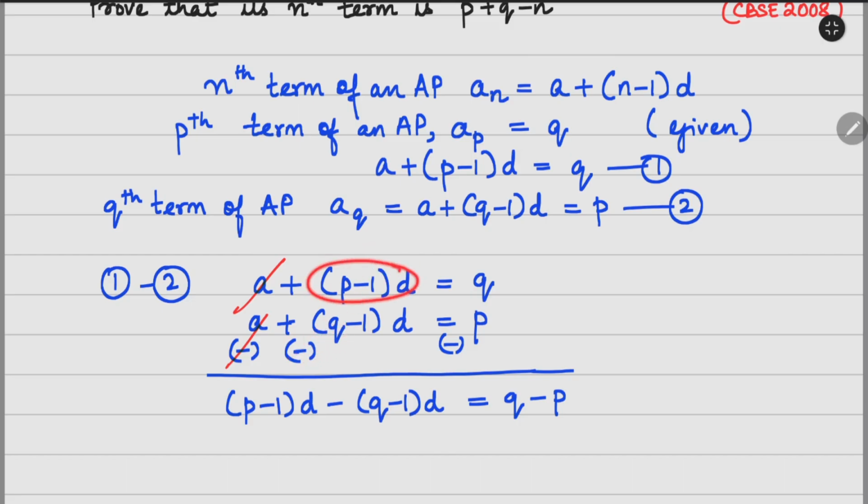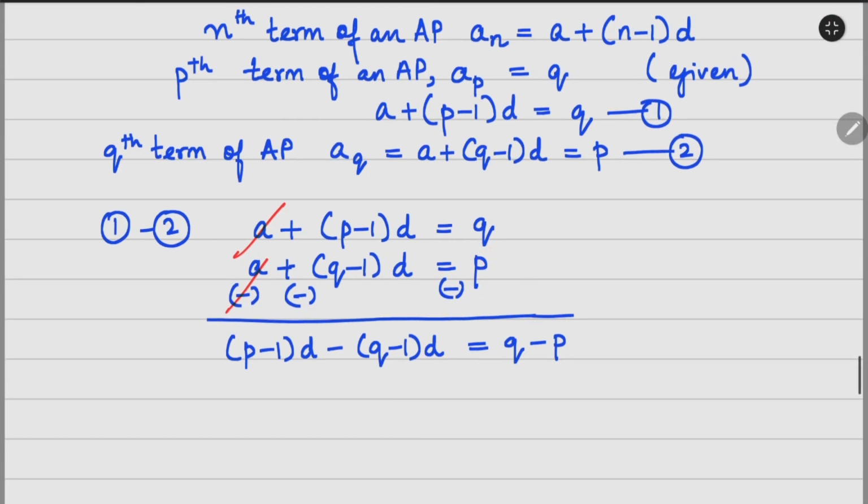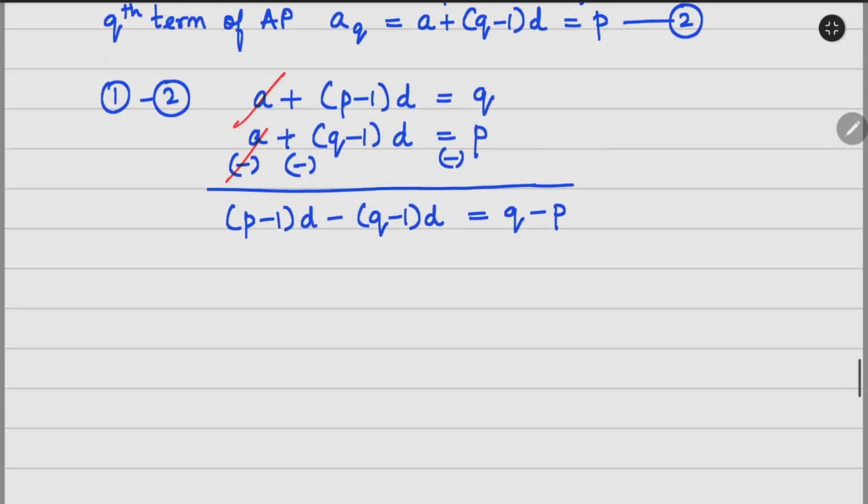Okay, so here let's take d common. Inside you will have p minus 1 minus q, minus into minus is plus 1. I have taken d common out, equal to q minus p.